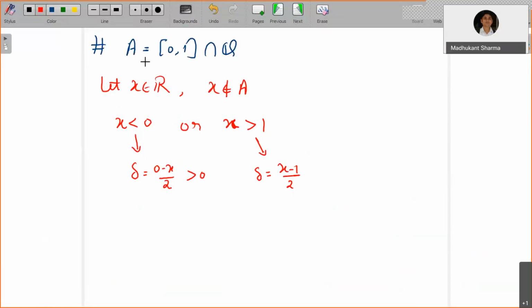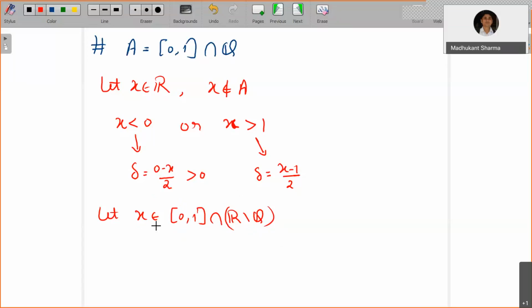Now let's take the points which are irrational numbers. Let x belong to the interval 0, 1 intersected with the set of irrational numbers. Now we want to see whether this x is going to be a cluster point of A or not.